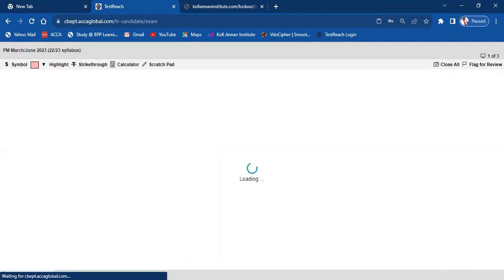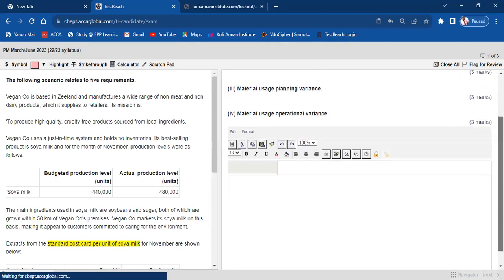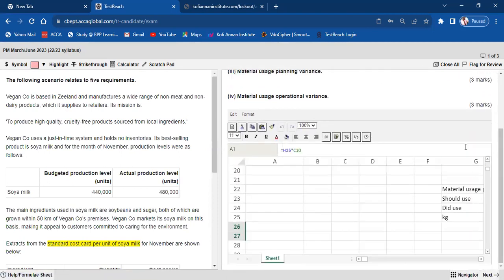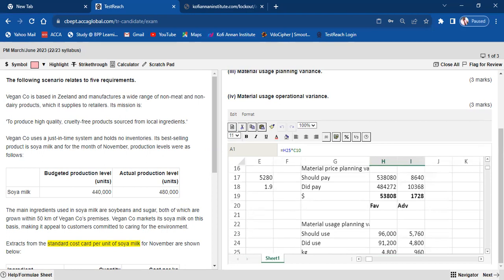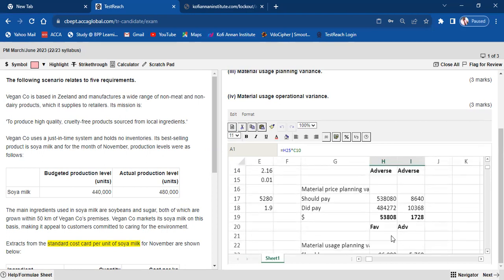So here, I'll make reference to it. The planning price variance, which was favorable, that drop will not be attributed to him.